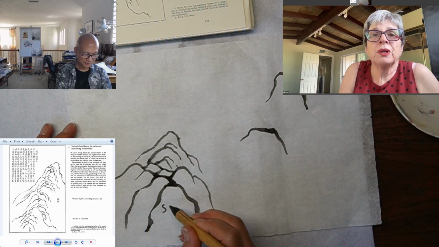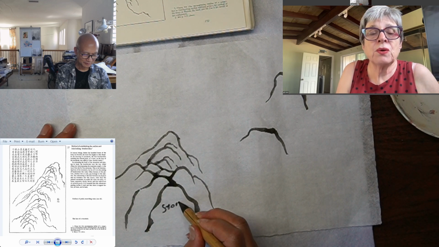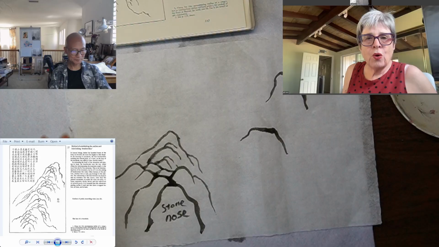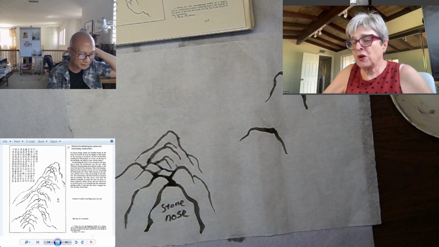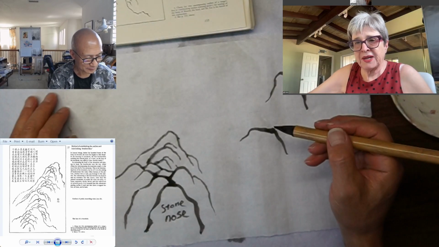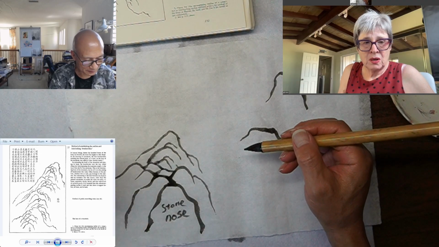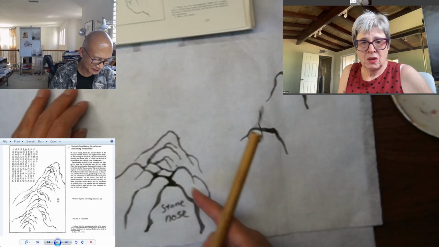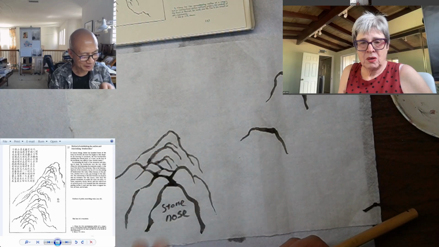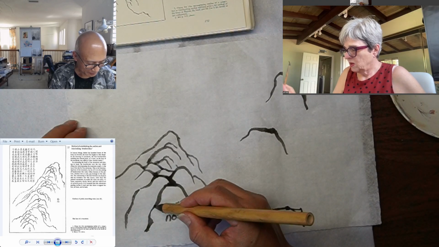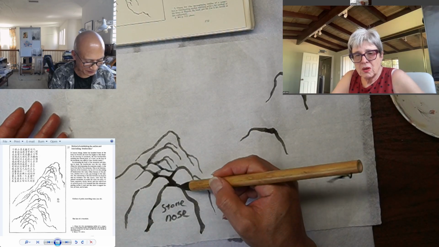So, let me ask you a question. Is the stone nose in the front of the painting, or are there stone noses going back as you're moving back into space? The stone nose is like, if this is the face, this is in the middle, right? This piece is usually rounded, not just a half.